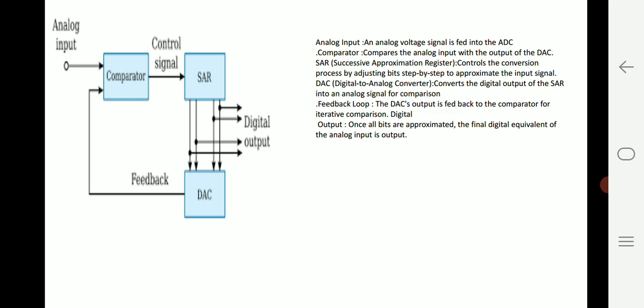The SAR gives binary inputs to the DAC and delivers a digital output. Whatever the output of the SAR is applied to the input of the DAC, and the output of the DAC is given to the comparator as feedback. This whole process we can conclude as the SAR ADC.